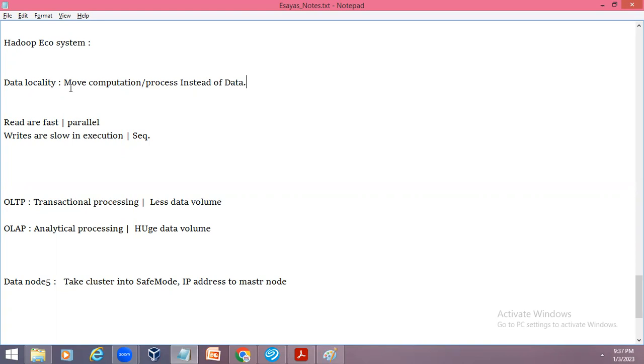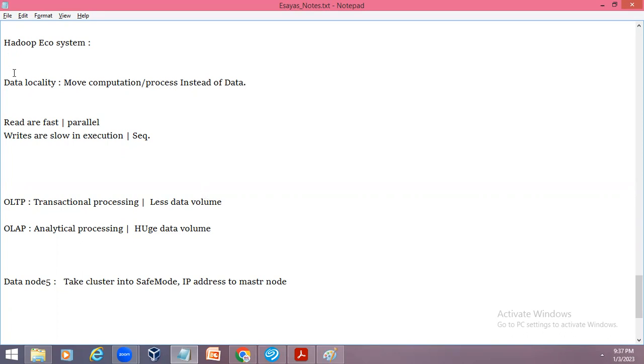So what do you understand by this line? Would you like to explain? I mean, the data stays there, but only the processing is done on other nodes.